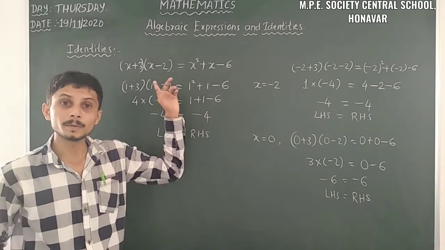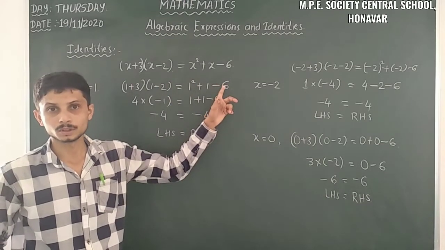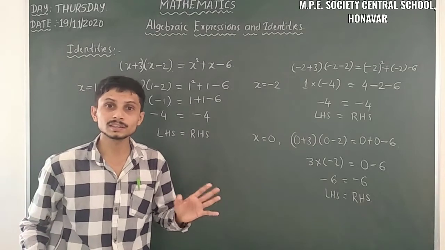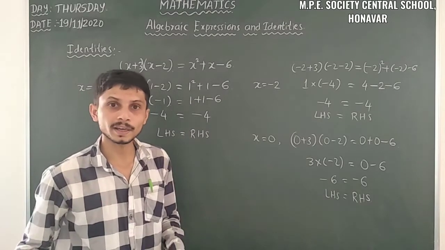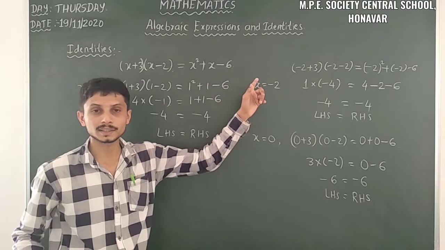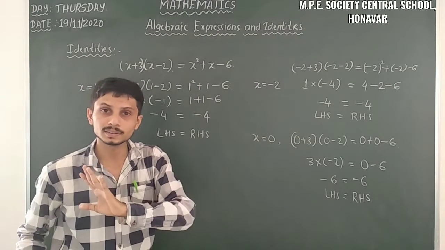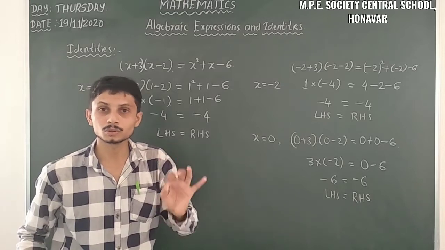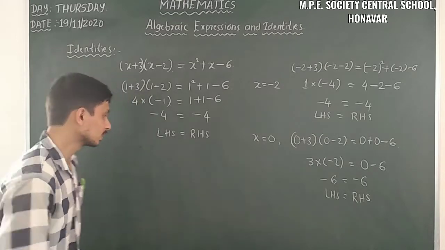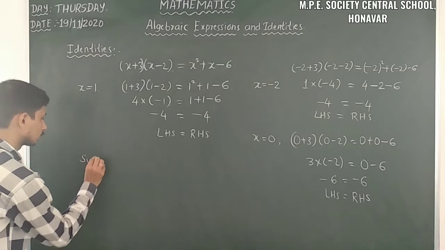If such an equality holds for all values of x, then this expression we call an identity. There is no change at all, and the result is very clear: those two sides are the same.